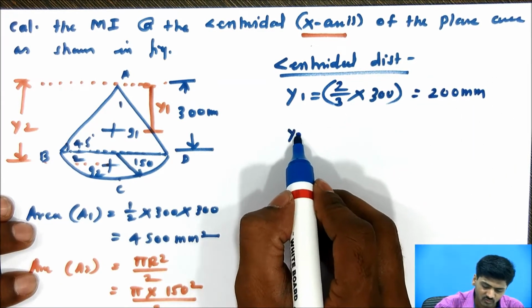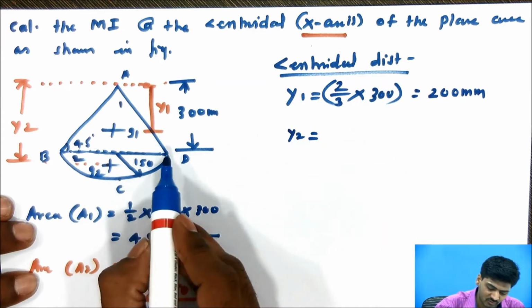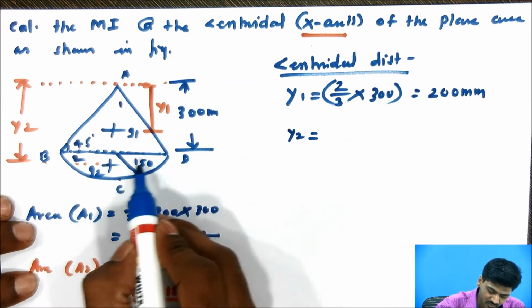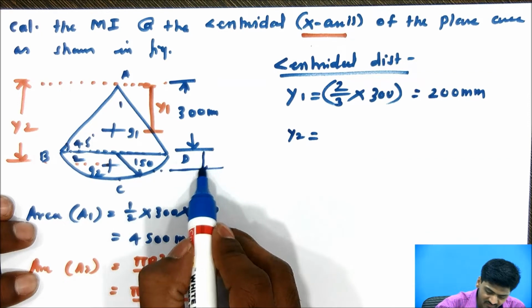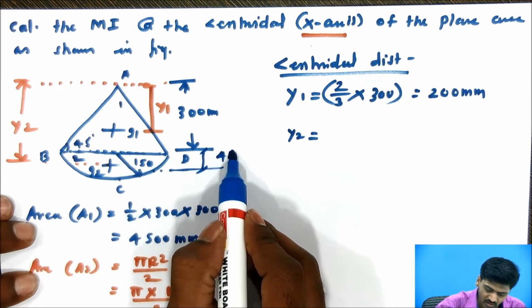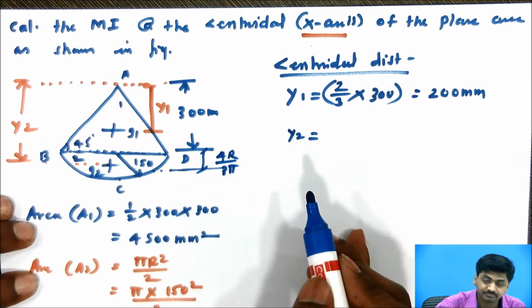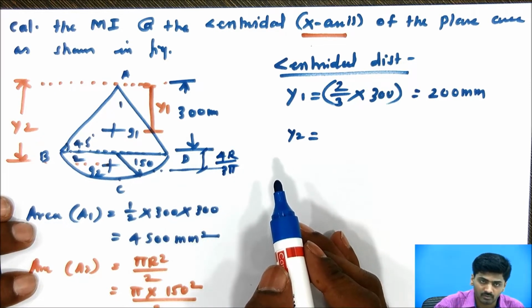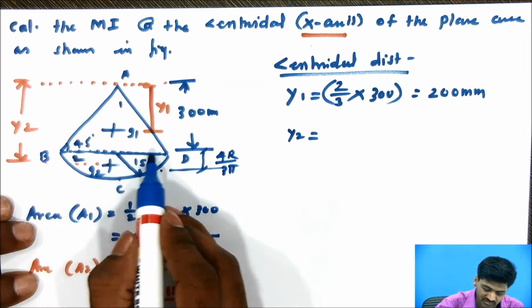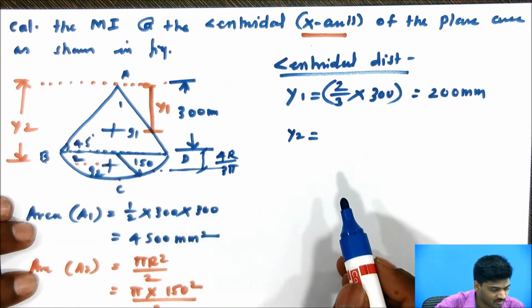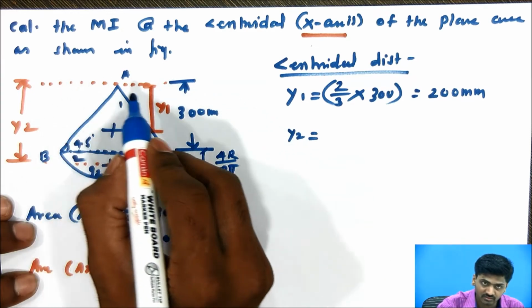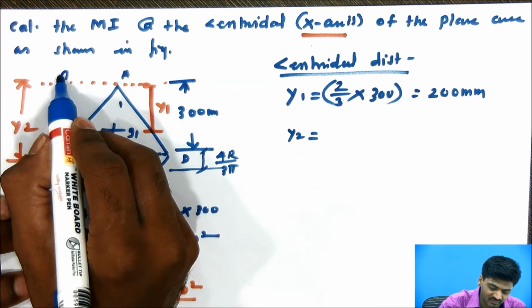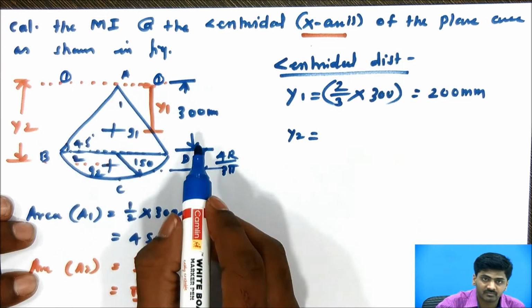Simultaneously you may calculate y2. How to calculate y2? From here to the base, this distance is nothing but 4r upon 3 pi. 4r upon 3 pi. This is from G2 to the base BD. So the total distance we are calculating from the top. You may consider this is your reference axis 1-1, the red color.